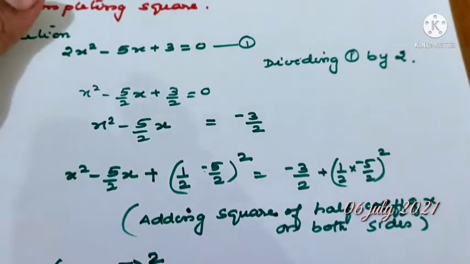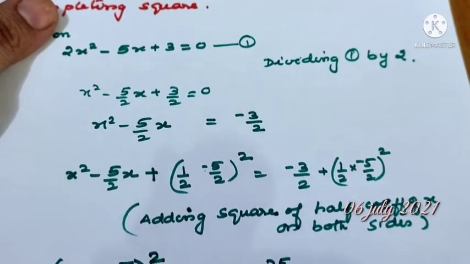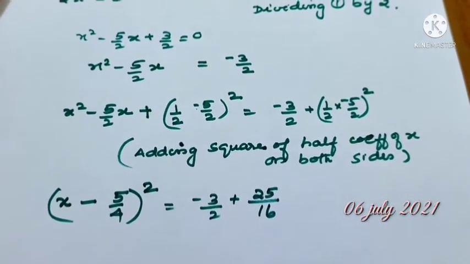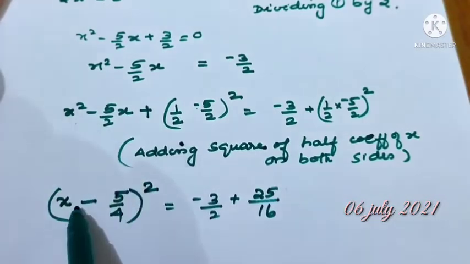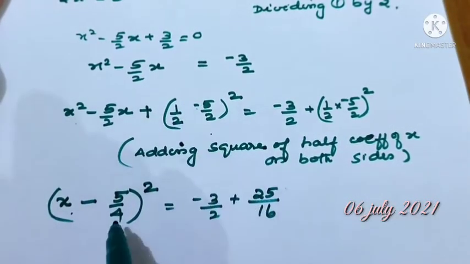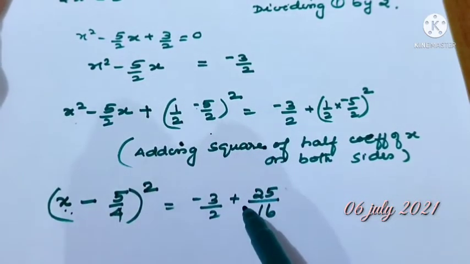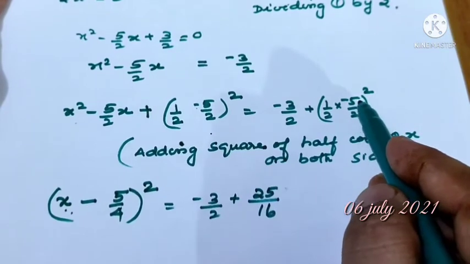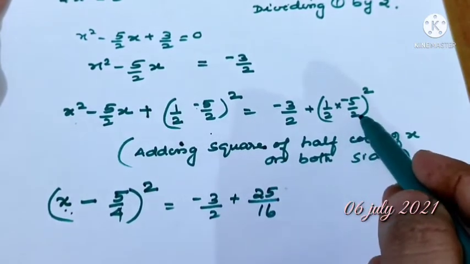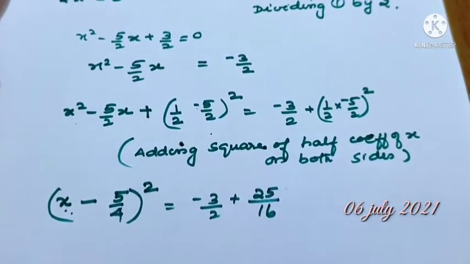Now on the right side, minus 3 by 2, then 5 square is 25, and 4 square is 16. So once again, x I have taken, and the term in the bracket is 5 by 4 without sign. That is a minus b whole square equal to minus 3 by 2 plus this term's square, that is 5 square is 25, 4 square is 16, we will get.